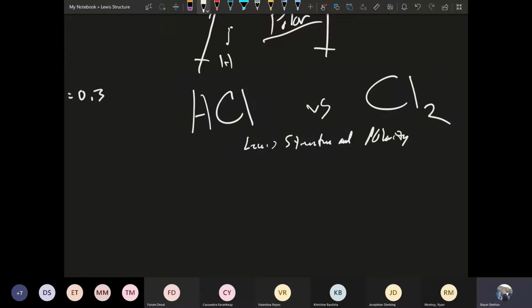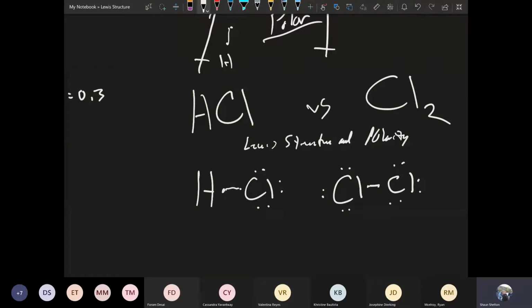All right, so HCl versus Cl2. We're going to look at this. So HCl, hydrogen has 1, Cl has 7, 1, 2, 3, 4, 5, 6, 7. So you have a single bond to the chlorine here. Now looking at Cl2, you should have a single bond in between the two Cls that you see here. So there is a pull towards the chlorine because chlorine is more electronegative.